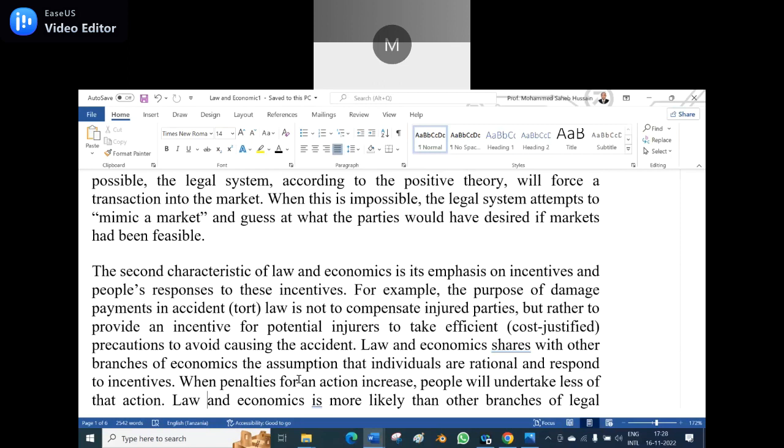Now you tell me which currency has more power, which currency has less power? Ours has less power. The dollar has more power. That means the value of our Tanzania shilling is decreased or increased? Decreased.